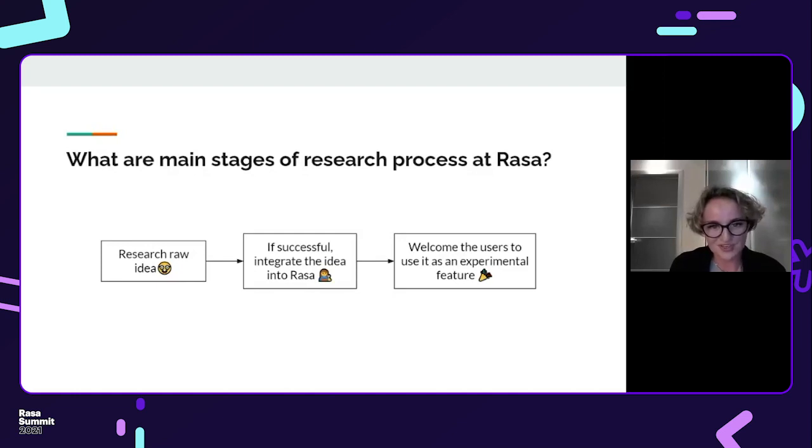So first we did a bit of research in a very raw fashion. And then if the research was successful, we would think about integrating it into the whole Rasa framework. And then once that is done, we would happily welcome the users to use end-to-end as an experimental feature. And that's the way we went.